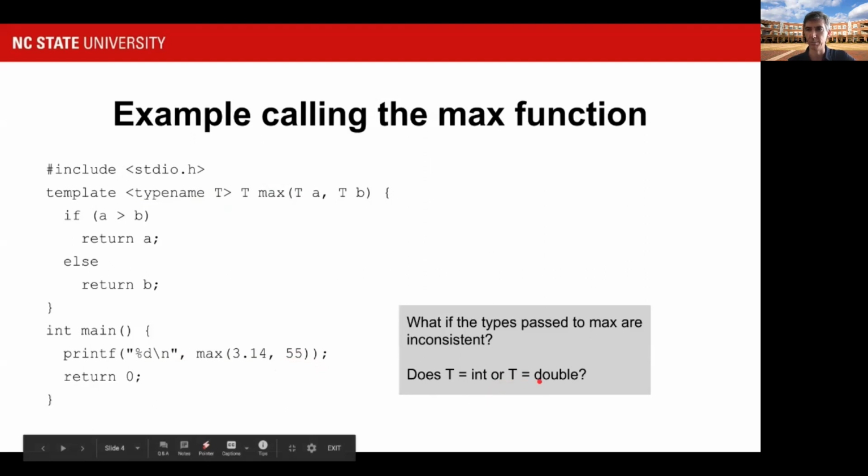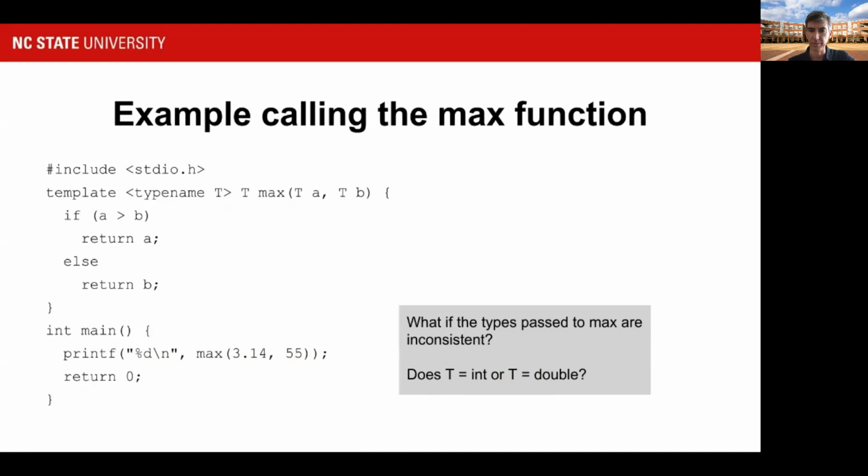Which way should the compiler specialize this template? And the problem is it's inconsistent, right? Depending on which argument it looks at, it would make a different conclusion. And the answer actually is important, because if it chooses double, you're going to get one answer. If it chooses integer, you're going to get a different answer, right? So there's no good choice here. It's not like they both lead to the same answer.